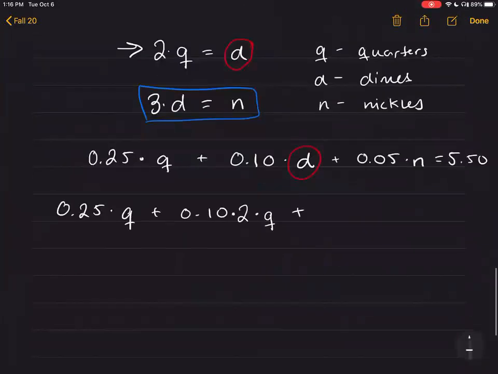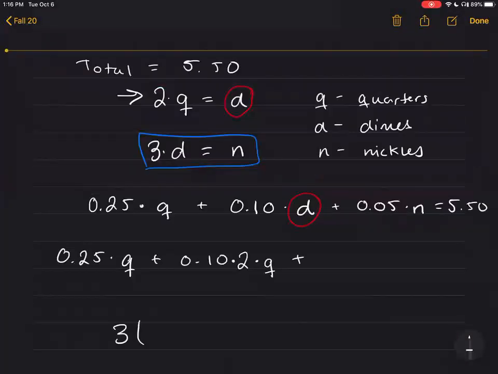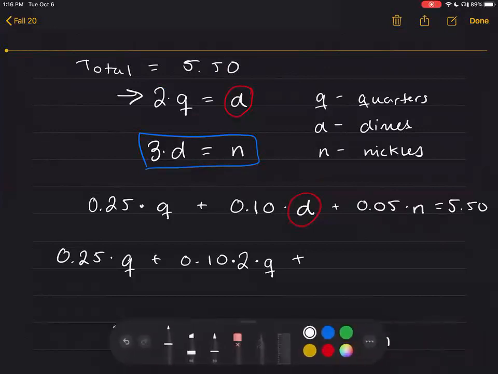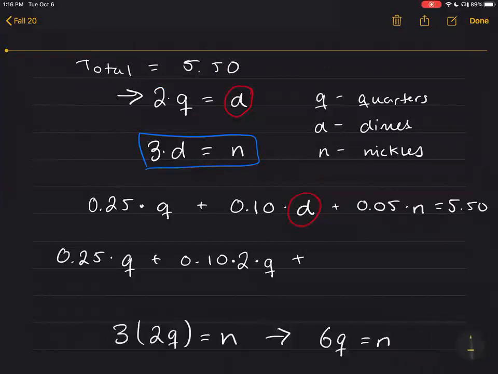And we know D is equal to 2Q, so I'm going to put 3 times 2Q equals N, and that will give us that 6Q equals N, right? So there are 6 times as many nickels as there are quarters, is what this is saying. And so we can take this here, and we can sub it in right there.